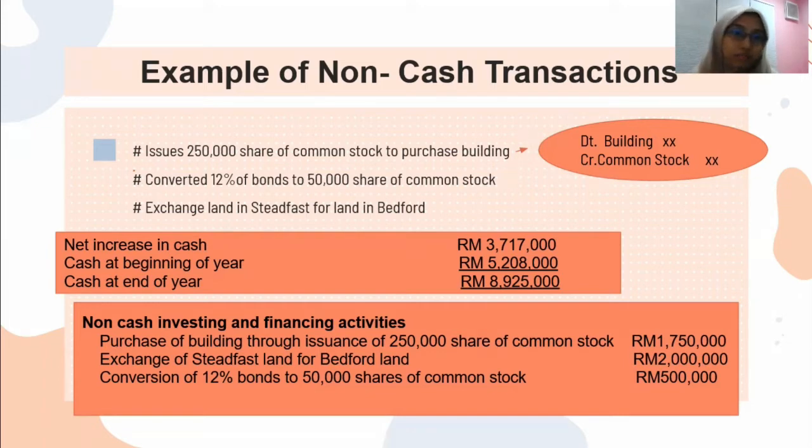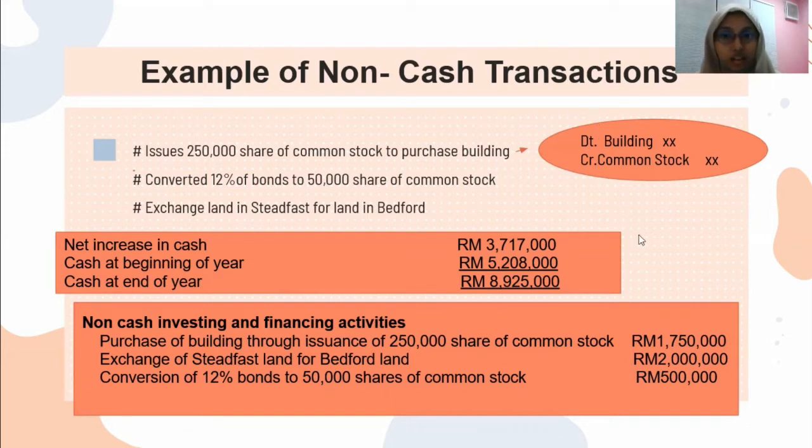Another example, second, converted 12% bonds to 50,000 shares of common stock. And next, exchanged land in Steadfast for land in Bedford. These examples do not involve cash or cash equivalents.